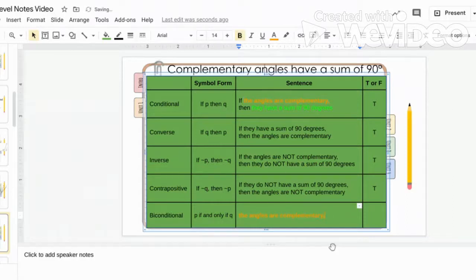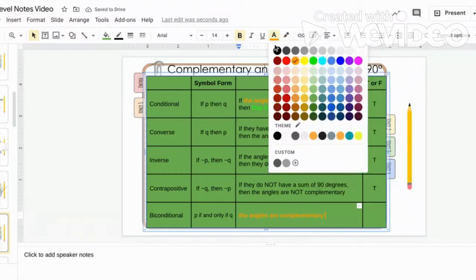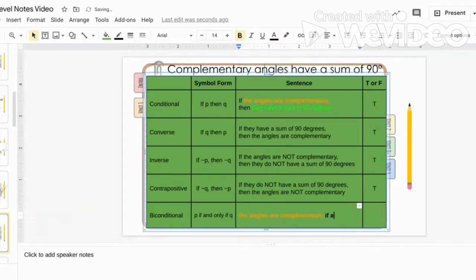So we're going to write the angles are complementary if and only if they have a sum of 90 degrees. And of course, that's going to be a true statement.